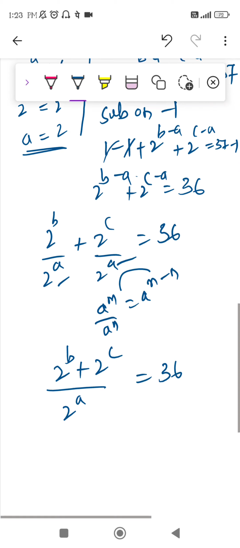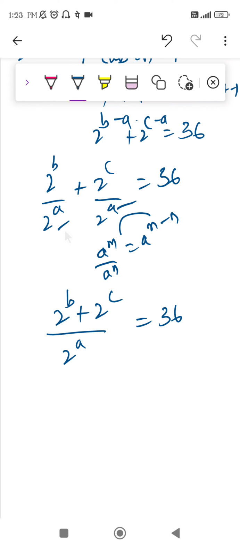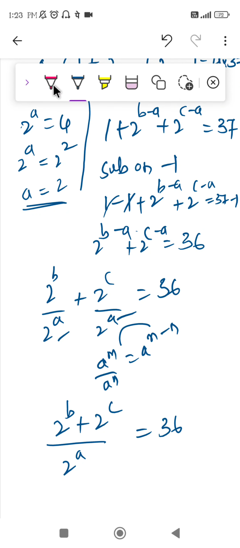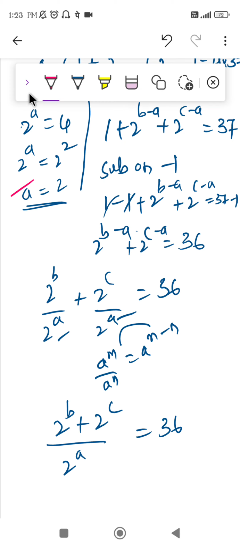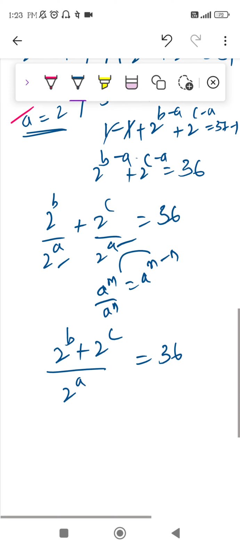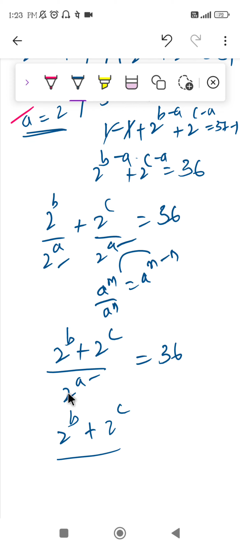We know the value of a is equal to 2, right? We have found the value of a is equal to 2, and now we can substitute it here. Then it will be 2 to the power of b plus 2 to the power of c divided by 2 to the power of 2, which is 4, is equal to 36.